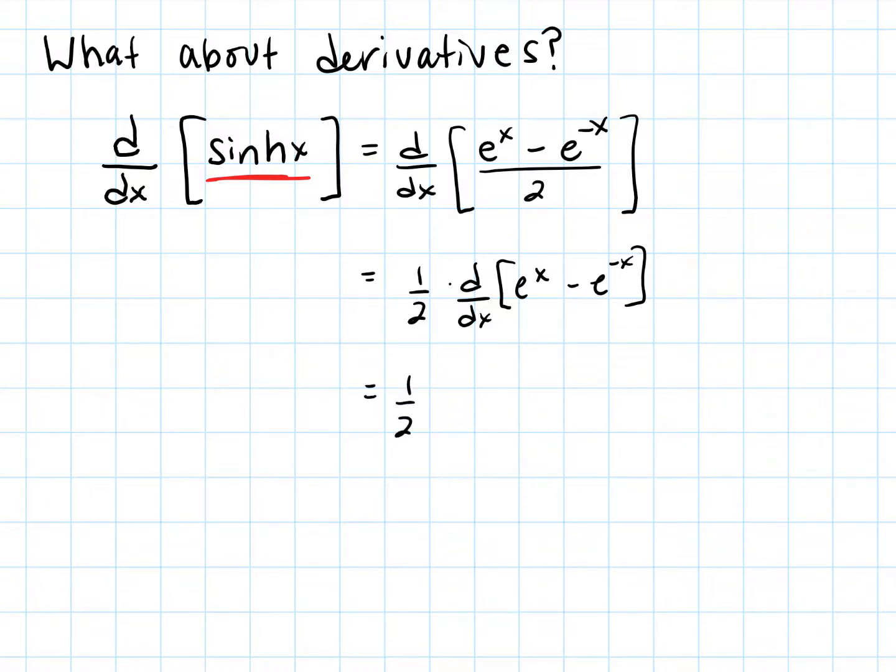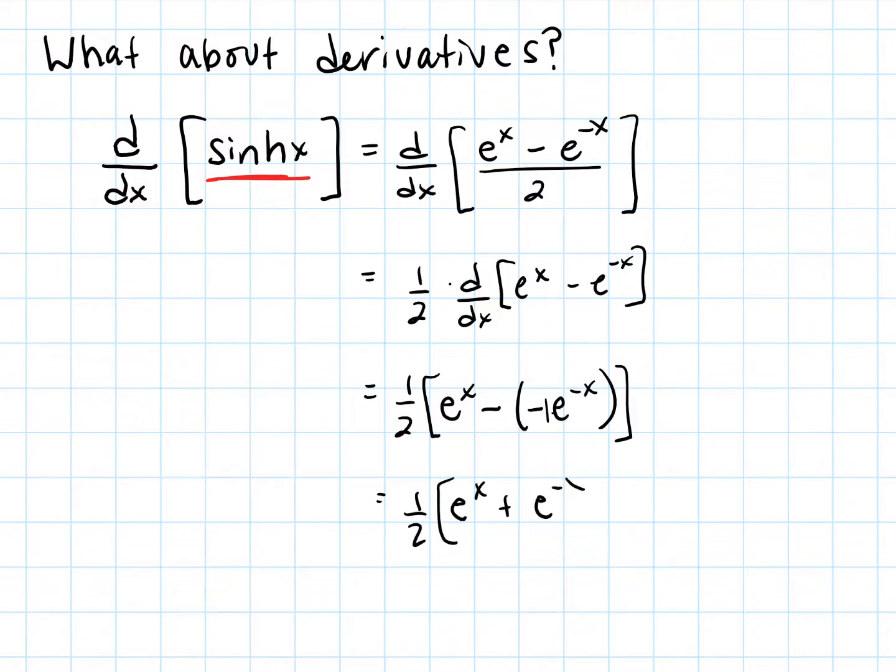Exponential derivatives are fun, quick derivatives. The derivative of e^x is just e^x, and then minus the derivative of e^(−x), which is going to be negative e^(−x), because we have to take the derivative of the negative x, so we get that −1 right there. And so this becomes 1/2 (e^x + e^(−x)).